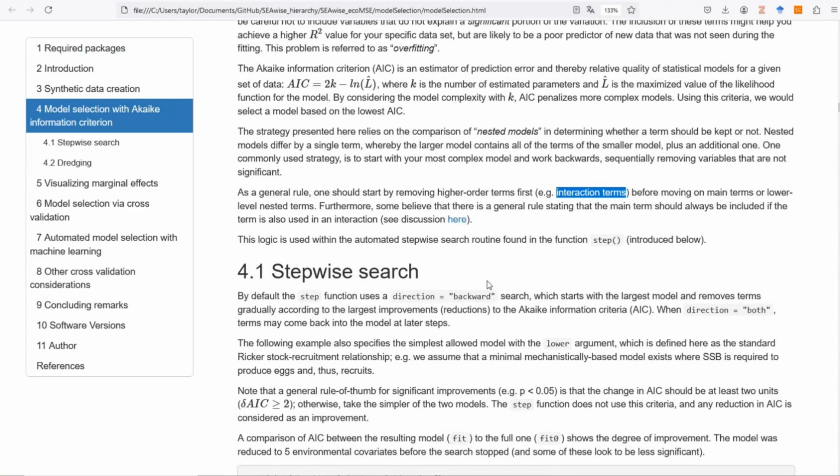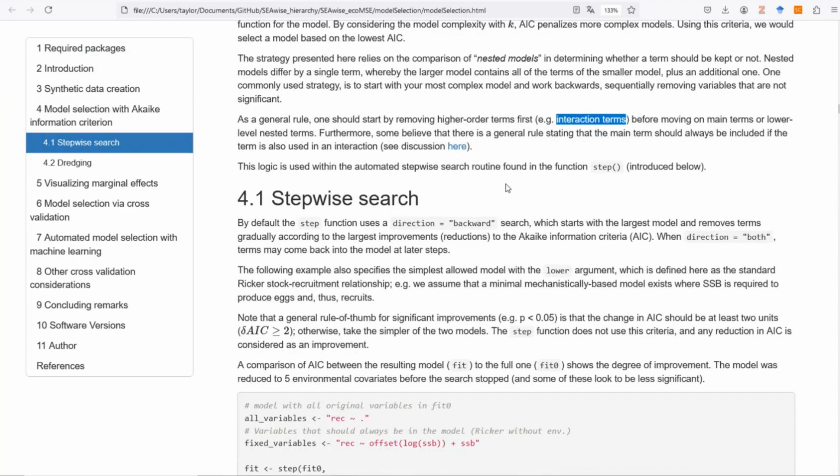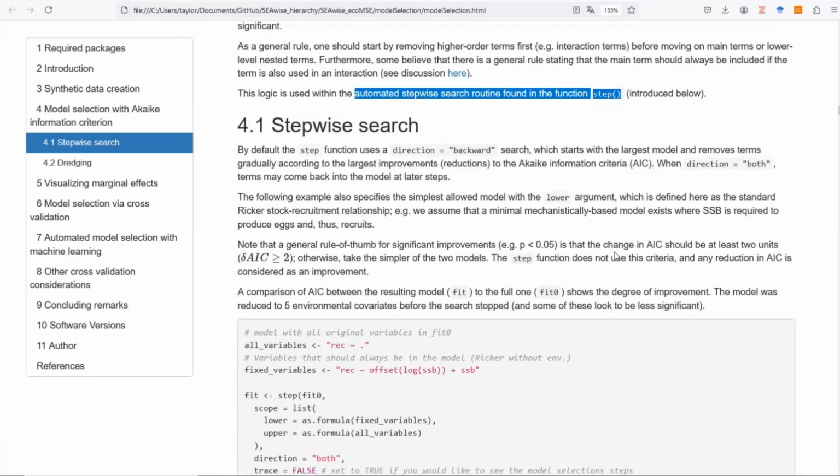And this is the logic that's used in the automated stepwise search routine found in the function step. By default, it's using this backward search, where it's only going to be removing terms, and it's always going to be selecting the largest improvement in AIC to remove these terms.